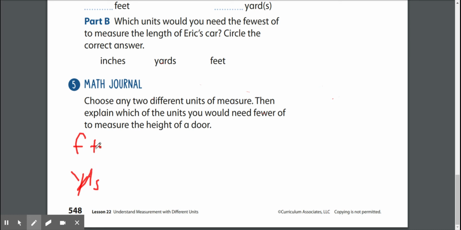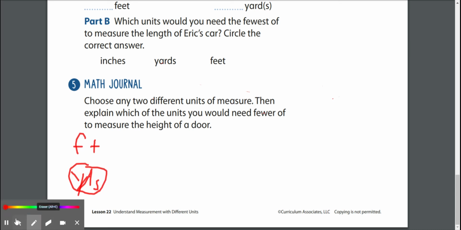So with feet, I know I need a lot of rulers, right? Because a foot is 1 ruler, and a yard is 3 feet. So that's pretty big, right? So which one would I need fewer of? I think I would need fewer yards because a yard is much greater.